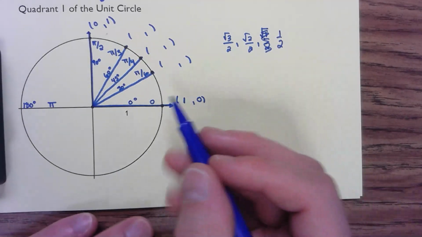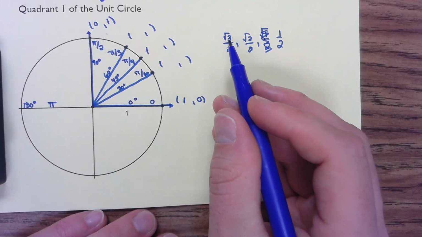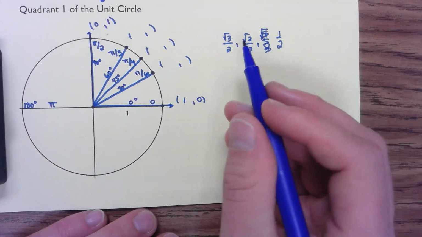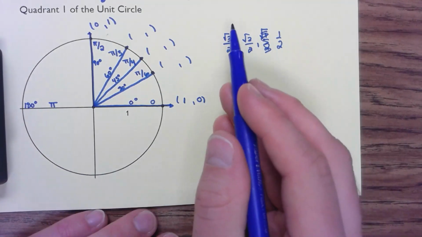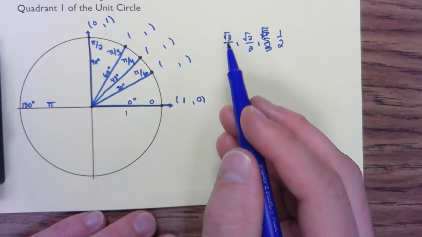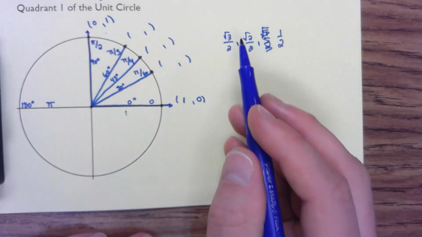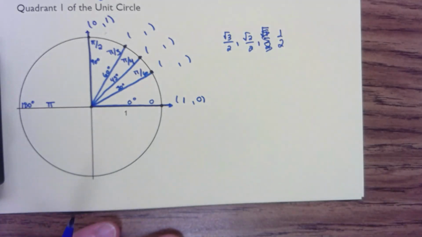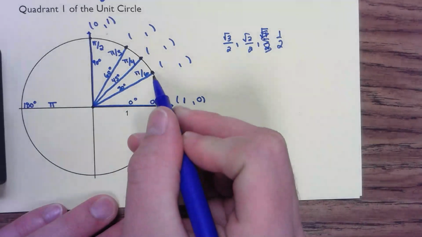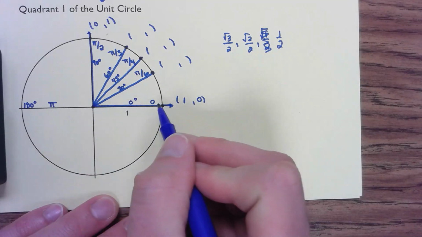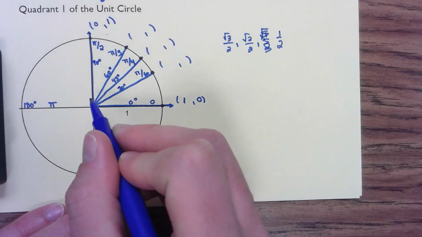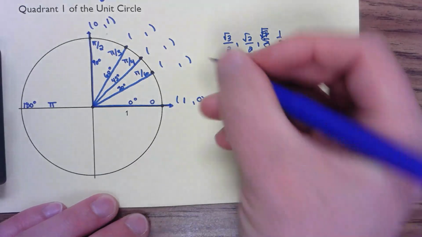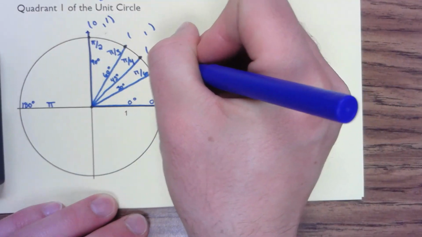Now I think about which of these values is the largest, which one's in the middle, and which one's the smallest. Root 3 over 2 is definitely the largest value. They're all relatively close, but root 3 over 2 is the largest, root 2 over 2 is the middle, and 1/2 is the smallest. Then if I want to get to this point, how far over do I have to go? I'm going over by the largest amount, making that x value root 3 over 2.